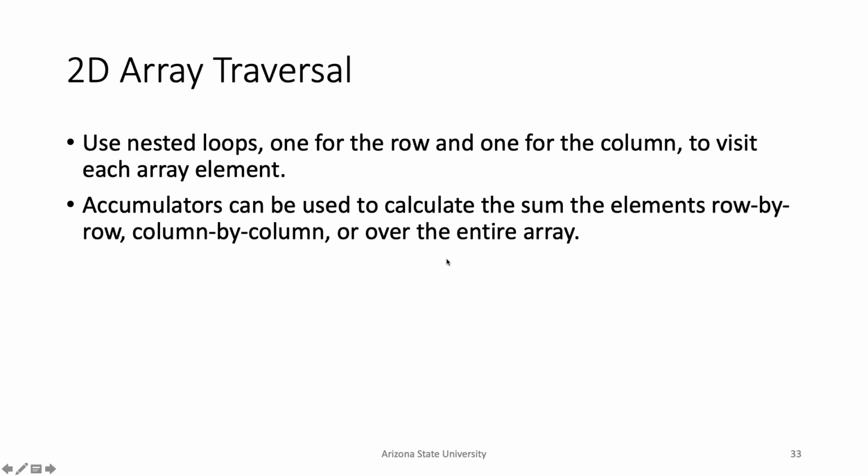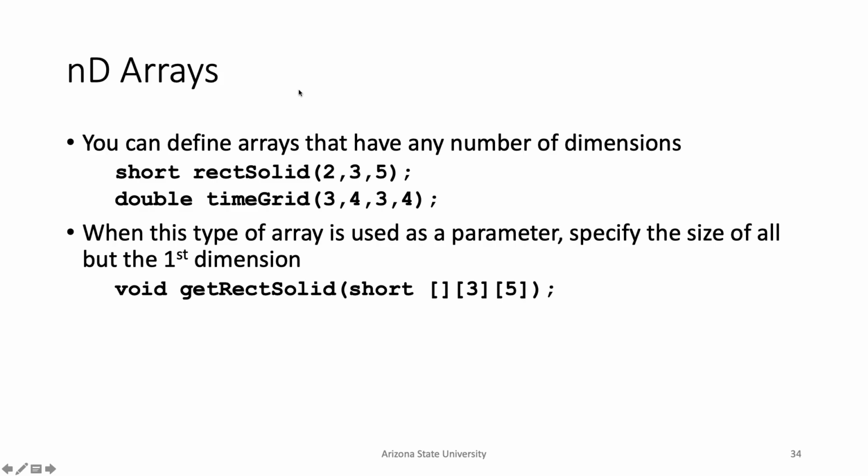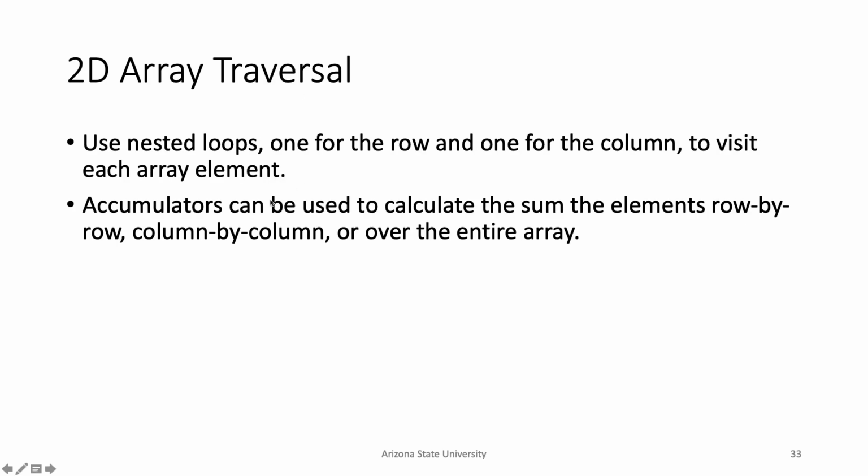Okay. And then if you want to traverse over this thing, then I think we have a, nope, we don't. So what we do here, instead of just going from 0 to the length of the array minus 1, is we go from the row number starting at 0 through the row number minus 1, and then an inner for loop inside, which has the column start at 0 and go through the column number minus 1 instead.